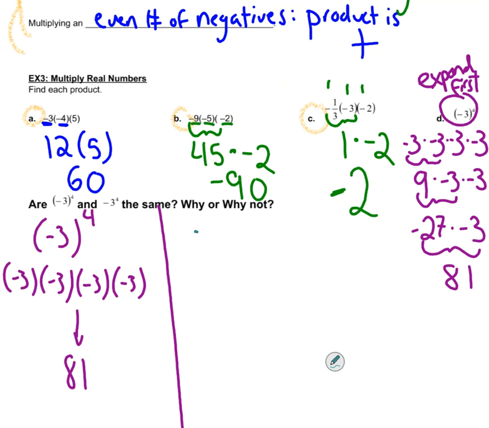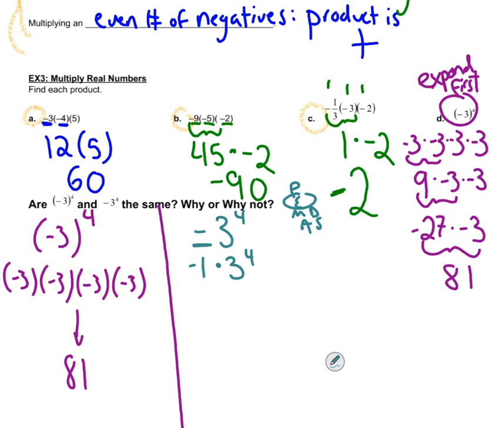Okay, negative 3 to the fourth power, using PEMDAS, exponents come before multiplication and division. In this case, because there aren't any parentheses, this negative sign is really saying negative 1 times 3 to the fourth power.